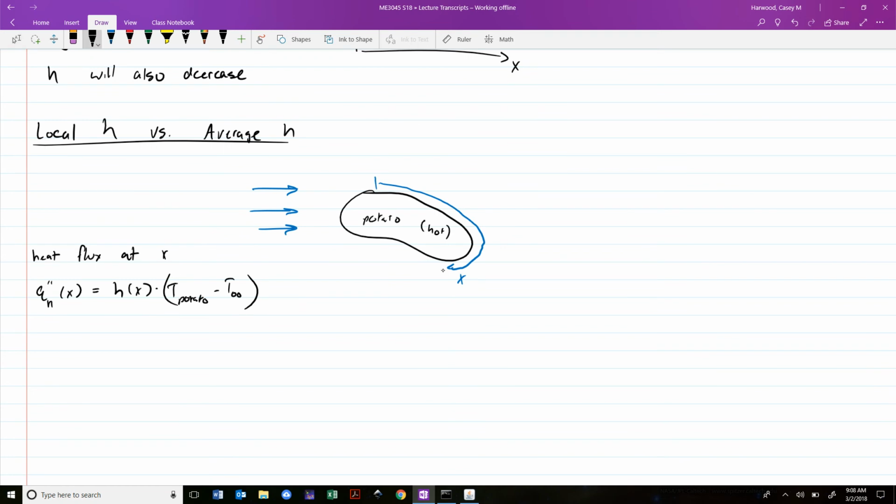What about the total heat rate? How many watts is this hot potato putting out?